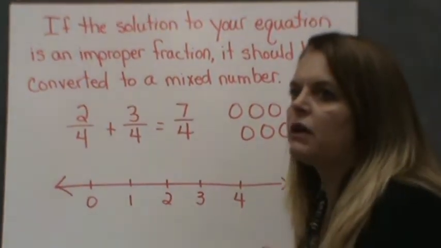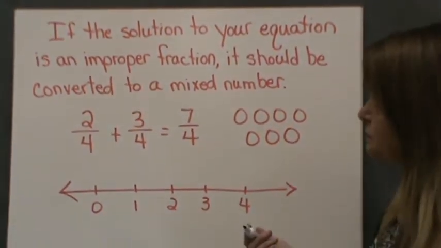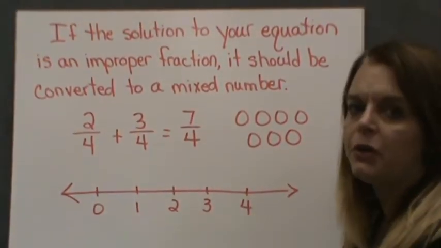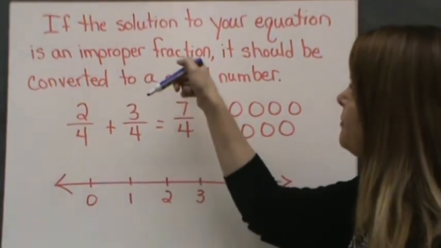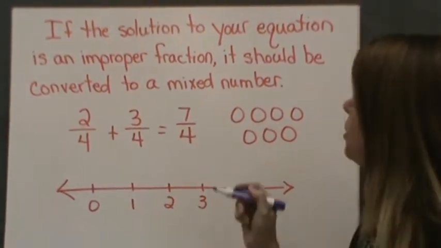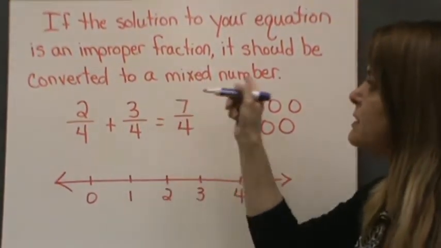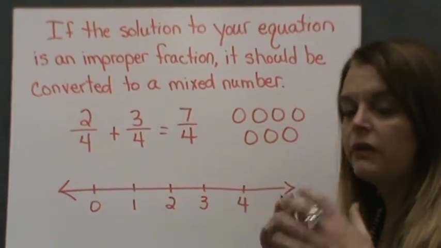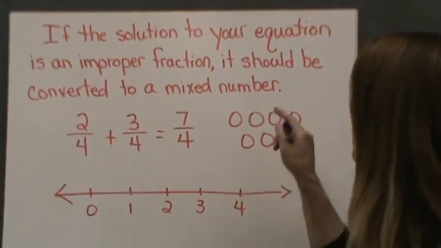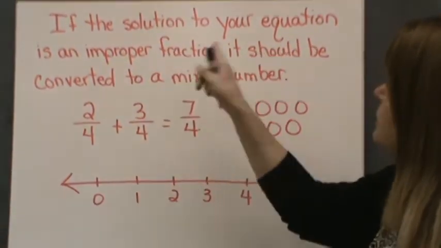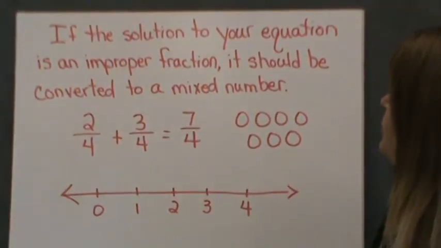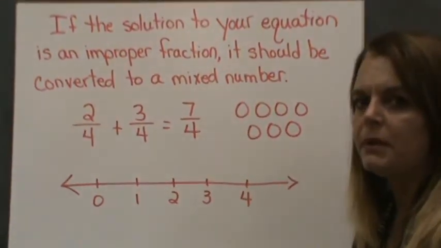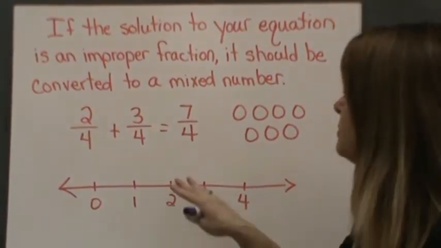Now when you're solving a problem, an equation, and you're working with fractions, if your solution to your equation is an improper fraction, you should always convert it to a mixed number. This helps you when you get ready to reduce to find the smallest that you can. Okay? So if the solution to your equation is an improper fraction, it should be converted to a mixed number. Well, we've talked about mixed numbers.